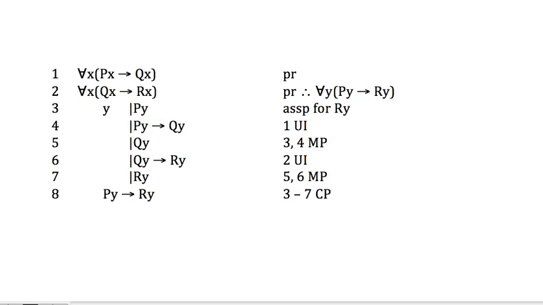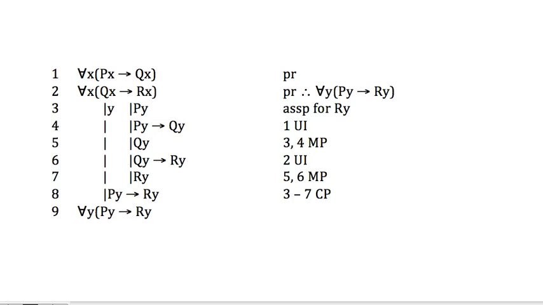I have appropriately indented and appropriately treated as a completely arbitrary object if py then ry. So I can draw another scope line, and on line 9, universally generalize: for all y, if py then ry.